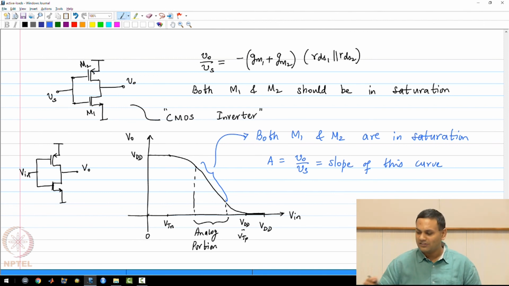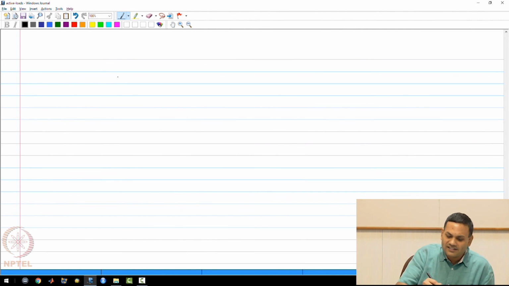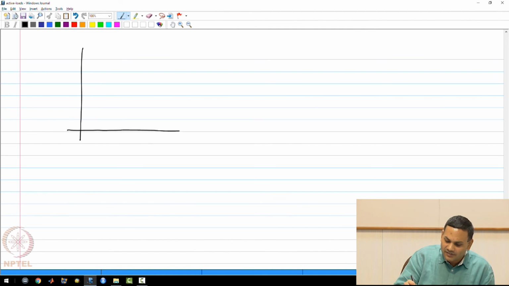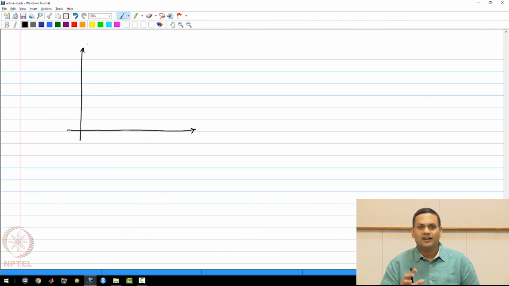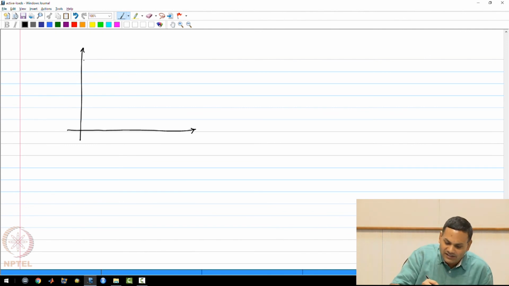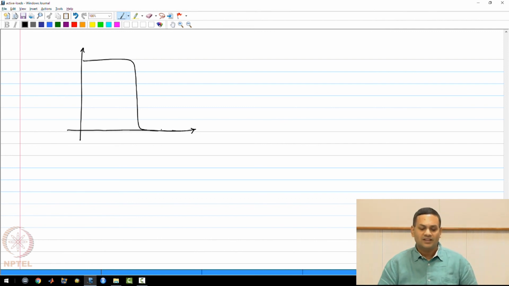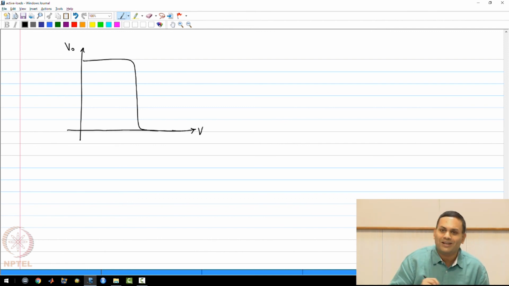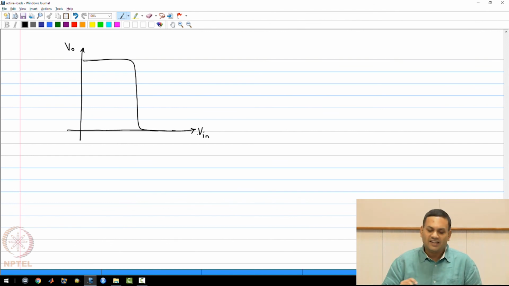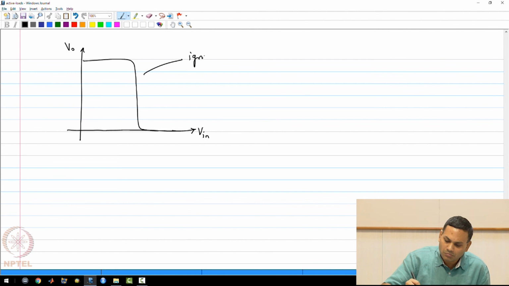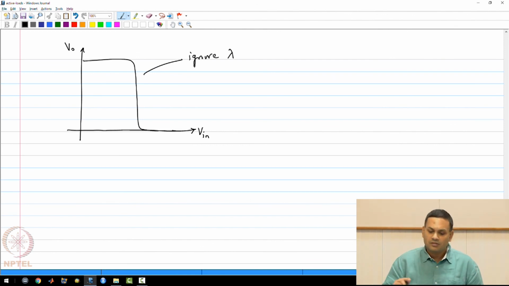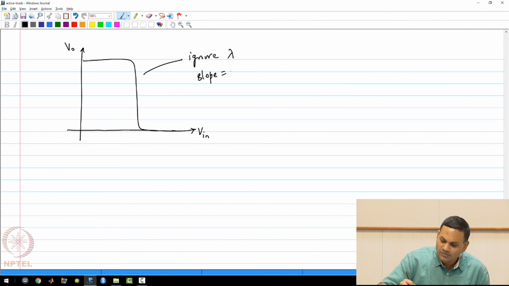If you actually look at a typical CMOS inverter in a digital IC textbook, you may see a curve that looks more like this. I have exaggerated the curve to show that you get large gain. In an ideal case, a CMOS inverter should look like this. This is the kind of curve you will see if you ignore channel length modulation. So this slope is minus infinity. If you ignore lambda, the slope is minus infinity.